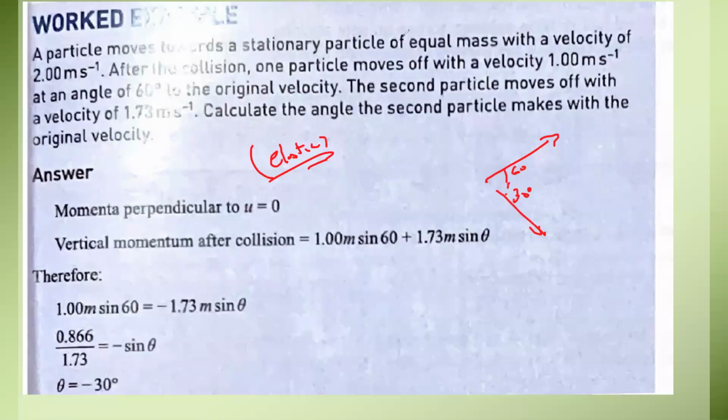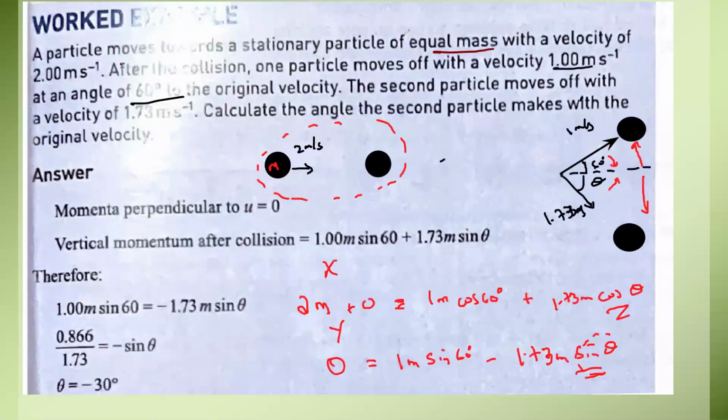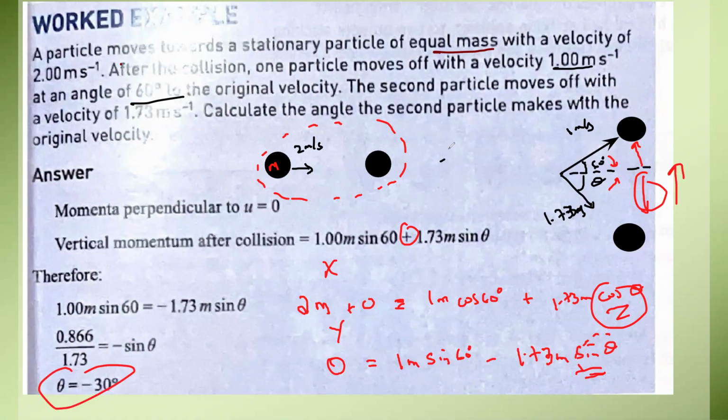As one of the students mentioned, in the question they took the vertical ones both as positive, because they considered both moving in the same vertical direction. But when they worked it out, they got a negative answer. If they got a negative answer, like negative 30, it means they are not moving in the same direction. They are moving in opposite directions, or the angle is opposite for a vertical collision.